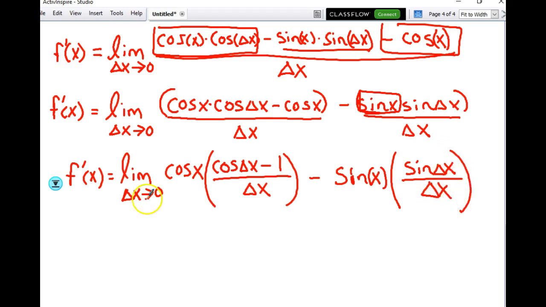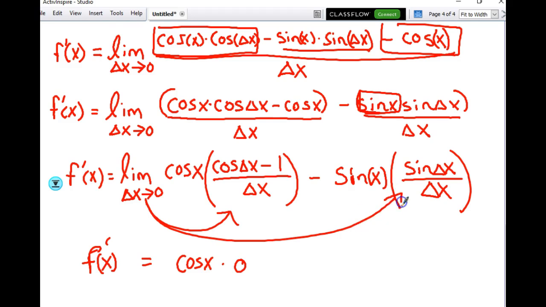And then we're going to apply the limit here. If I take the limit of cosine delta x minus 1 over delta x as delta x approaches 0, that portion becomes 0. And then we have cosine x. And if I apply the limit to this piece over here, we have minus sine x. The sine x doesn't change because it has no delta x.